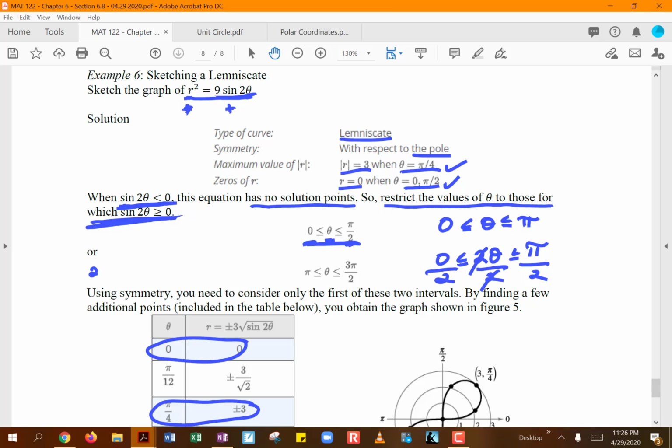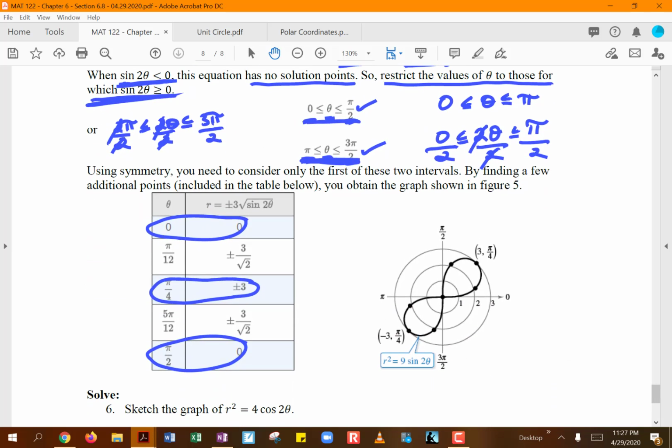So if your angle was between 2 pi and 3 pi, and again I go ahead and divide everything by 2, 2 pi divided by 2 will give me pi, theta in the middle, and then my last number will become 3 pi over 2. So that's how they're coming up with the second set of boundaries, but you can probably just stick with the first one, and if you need more points, then you can bring in the second limit over here.